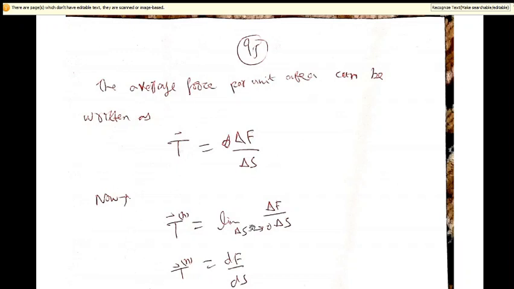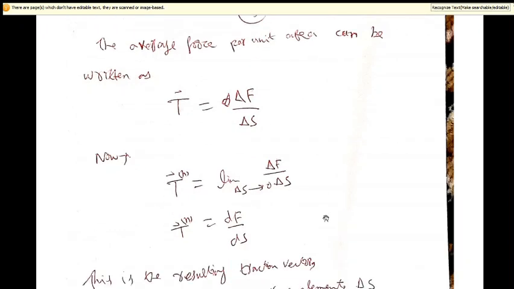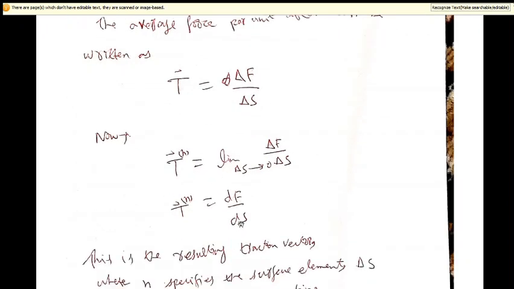Delta S approaches zero means that its area is approaching zero, that there is approximately no surface, just a very small imaginary surface. So this can be written as this.